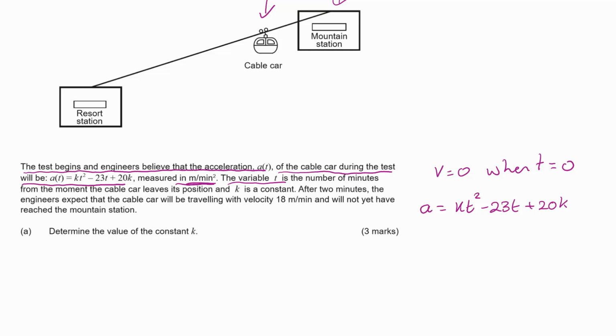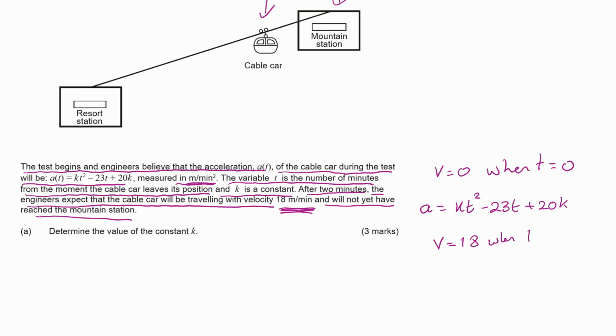The variable t is the number of minutes from the moment the cable car leaves its position, and k is a constant. After 2 minutes, the engineers expect that the cable car will be travelling with velocity 18 meters per minute and will not yet have reached the mountain station. So, since time is in minutes, we're looking at v being equal to 18 when t is equal to 2.